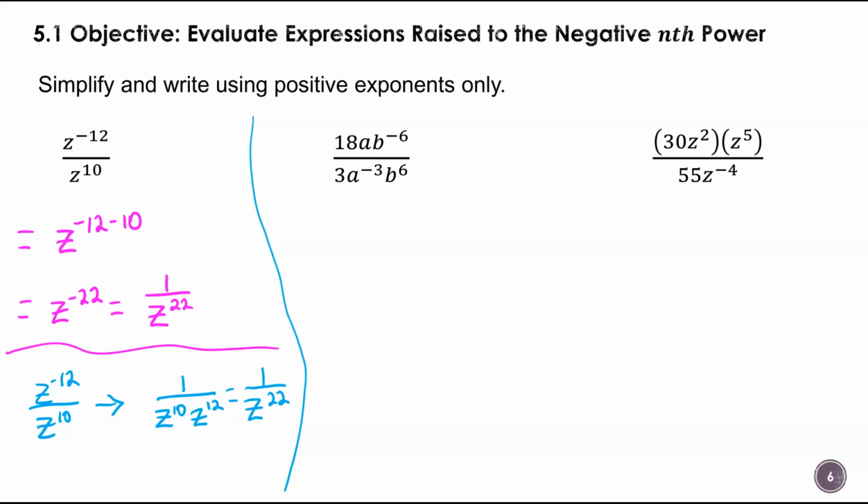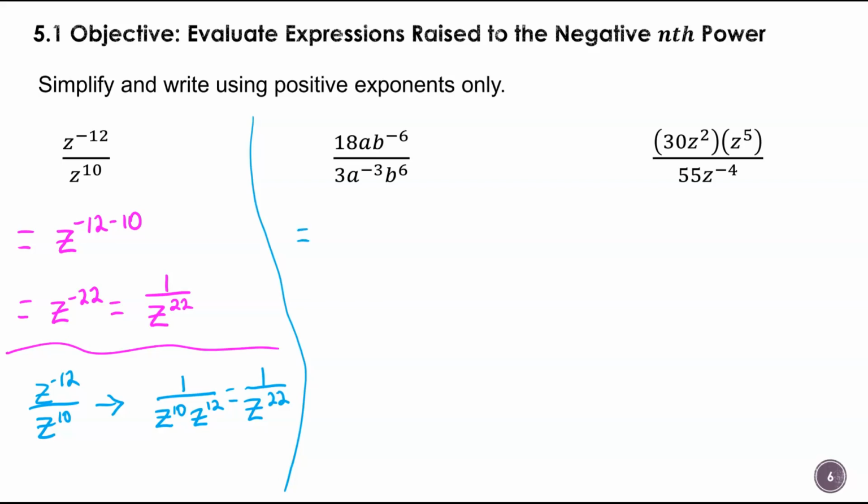Next, let's look at this one. One of the things that we didn't really touch on with the negative exponents is if it's negative and it's on a fraction, we can switch places with it to make it positive. So in this case, we could just rewrite this and have some positive exponents to begin with.